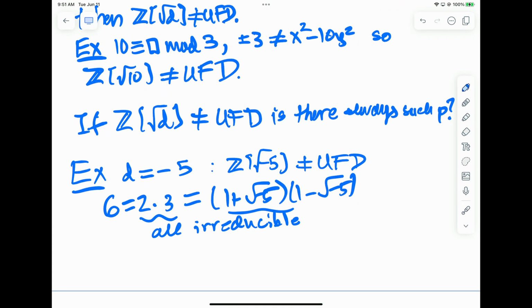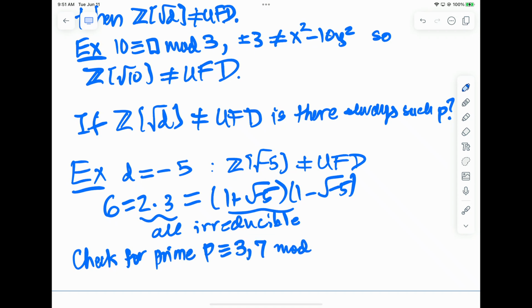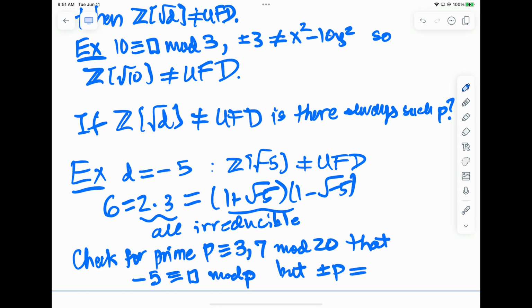In this case, I will leave it to you to check that for primes p that are congruent to 3 or 7 mod 20, like 3 and 7 themselves, or 23, and so on, d, in this case -5, is a square mod p, but plus or minus p, really only use the plus sign because d is negative here, is never x squared plus 5y squared.